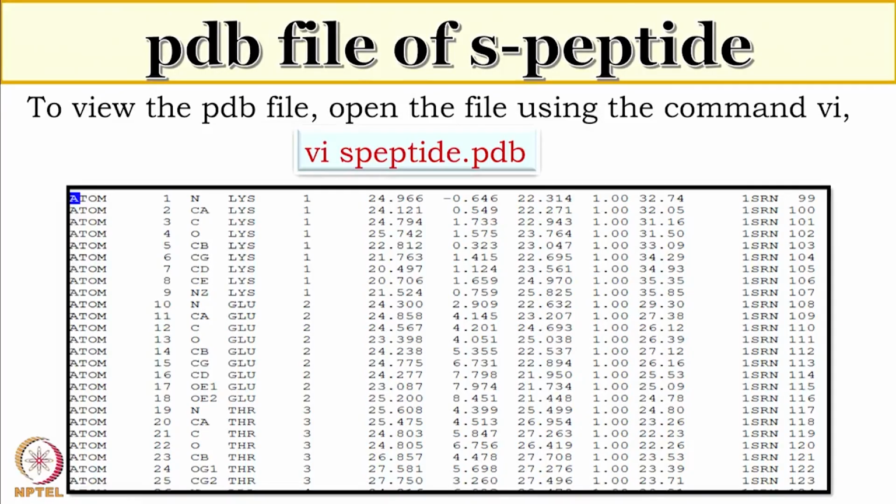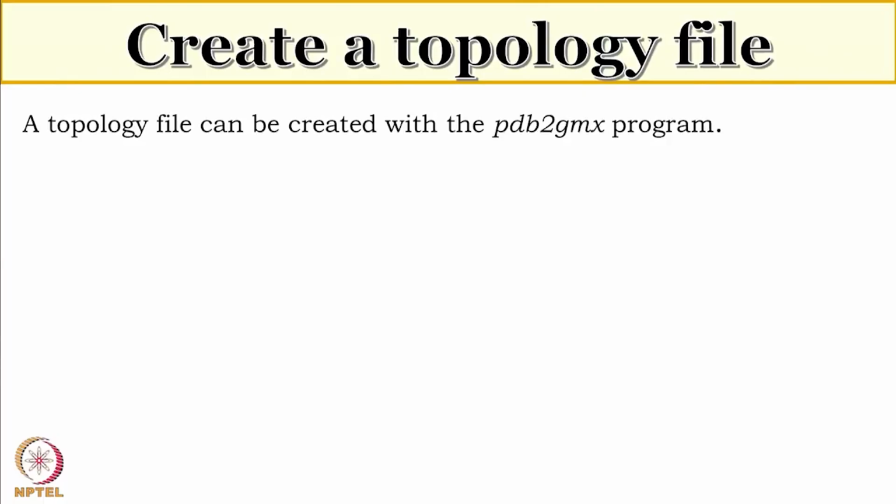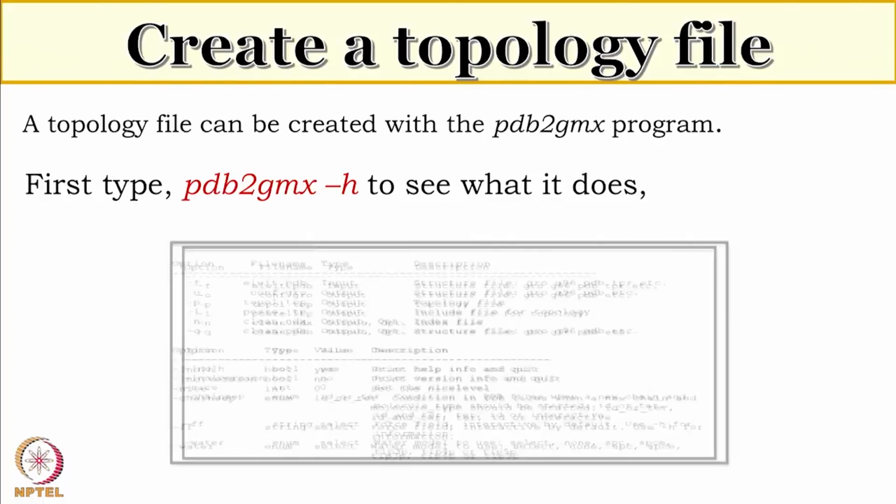After viewing the PDB file, we'll create a topology file using the PDB file. To create a topology file, we'll use the command pdb2gmx. First we'll type pdb2gmx -h, which is the help command, to see what the command does.